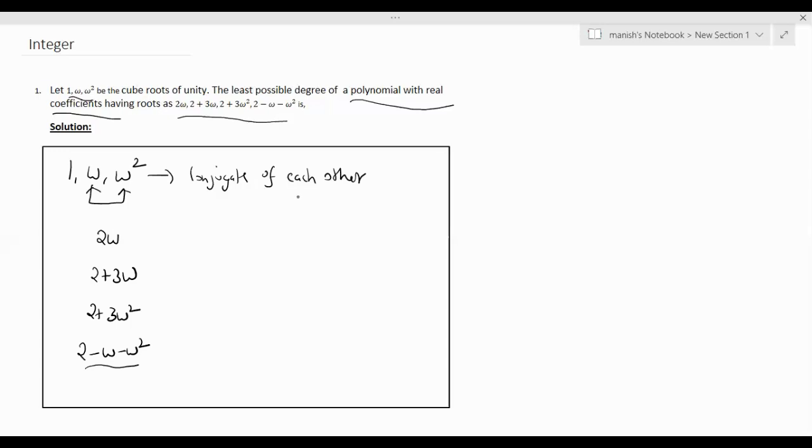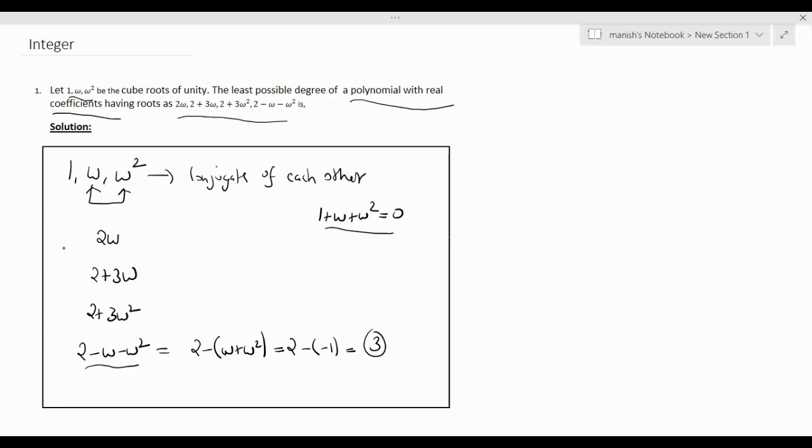One of the very important properties is that the sum of the cube roots of unity is 0. So you can replace omega plus omega square. Observe this carefully. When you take minus common, you will have omega plus omega square, which can be replaced with minus 1, and you will end up with 2 minus (minus 1), which is 3. So this whole value can be simplified as 3.